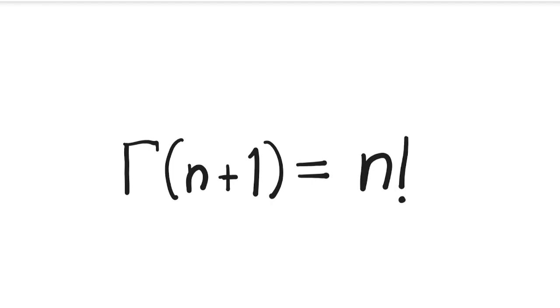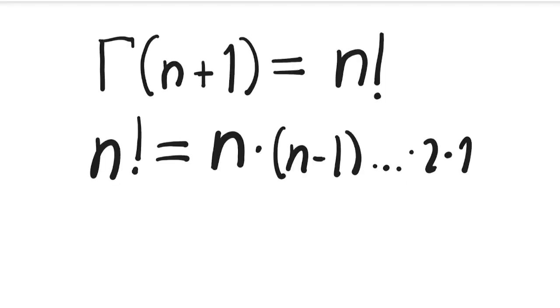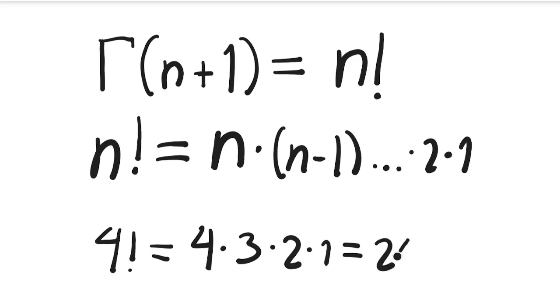If you don't remember, n factorial is defined as the product of all the numbers from that number n down to 1: n times ... times 2 times 1. For example, 4 factorial will be 4 times 3 times 2 times 1, which is 24.